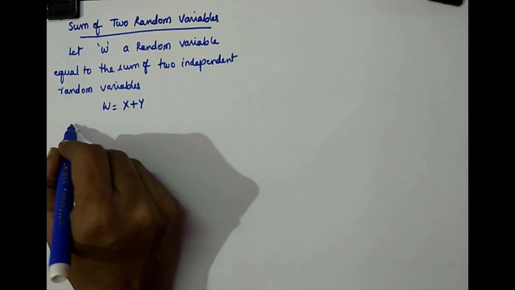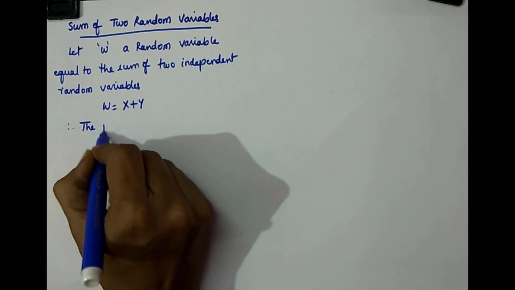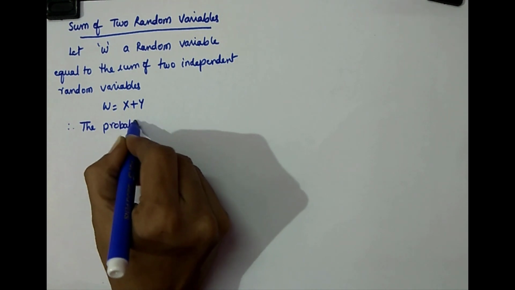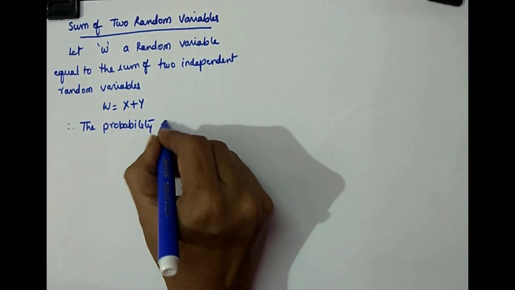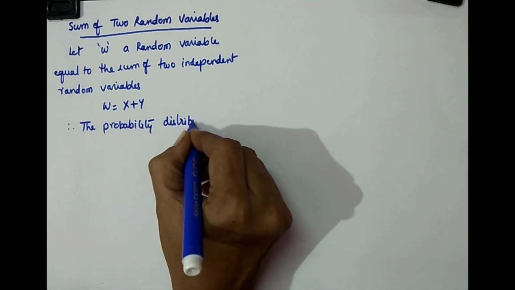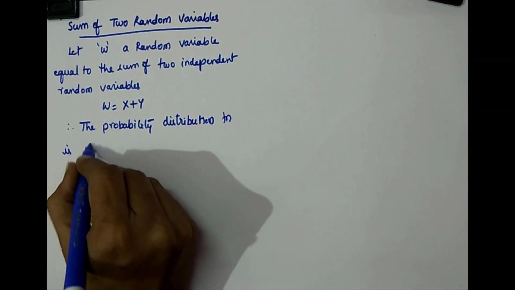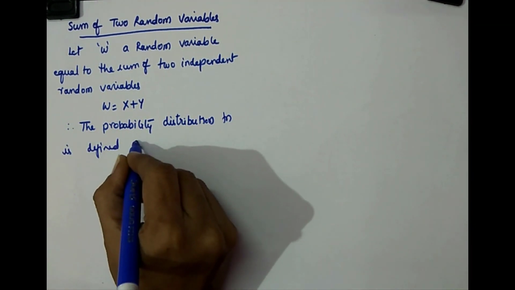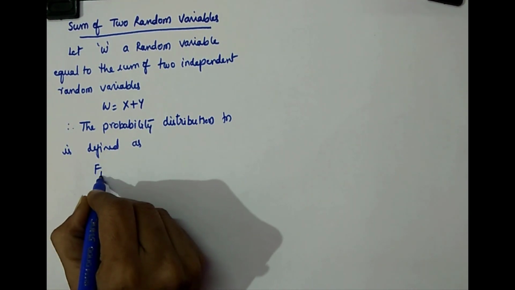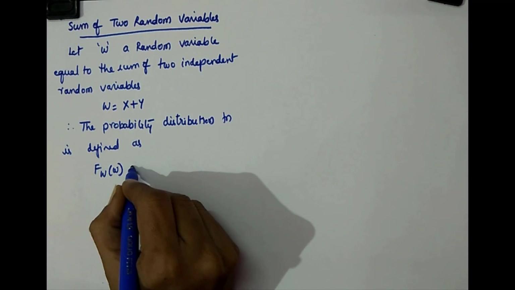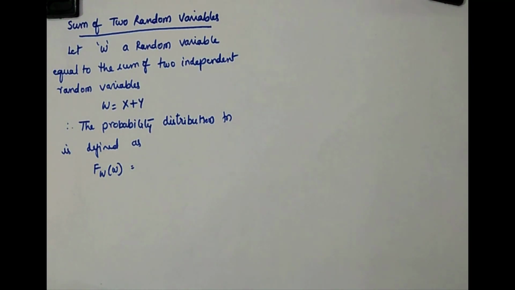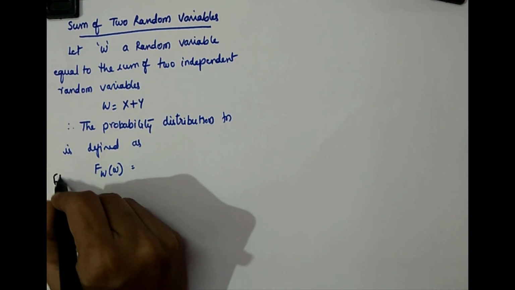Then the probability distribution function, for the random variable x, is generally represented as fx of x.